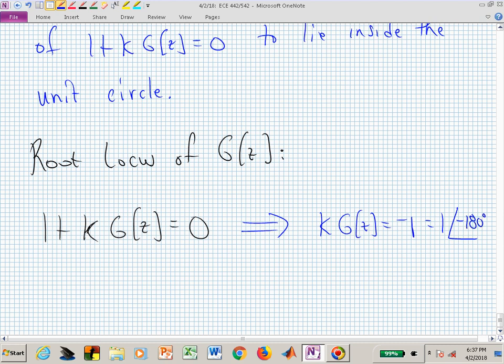First thing we want to do if we sketch the root locus is we're really asking, when is this expression, this kg of z, for what values of z does it have a magnitude of 1 and a phase of minus 180? And what we're going to do is concentrate on g of z and say, when does it have an angle of minus 180, and then adjust the k to give us the magnitude of 1.